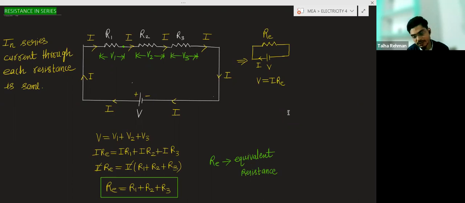In series combination, the potential difference across different resistances will be different. In parallel combination, the current through different resistances will be different.